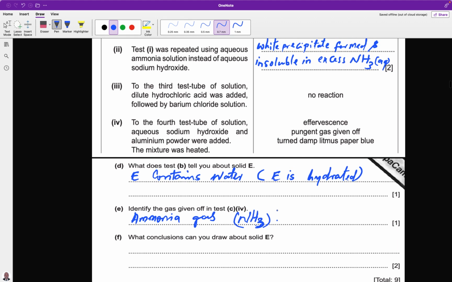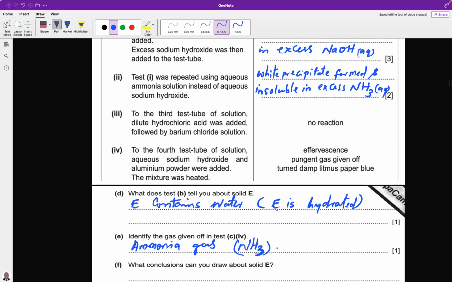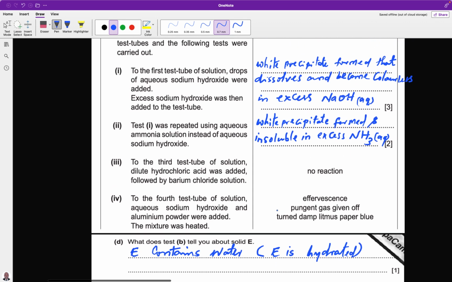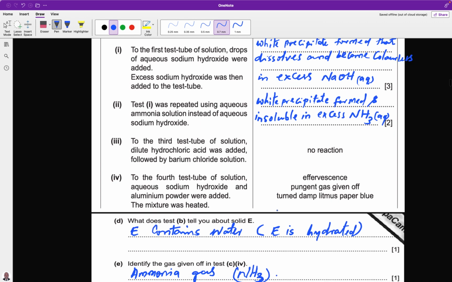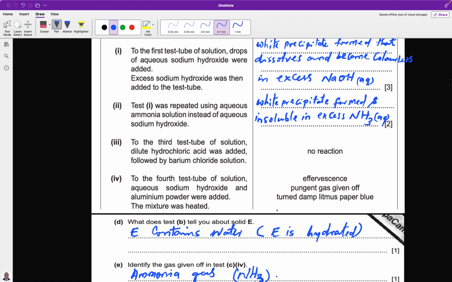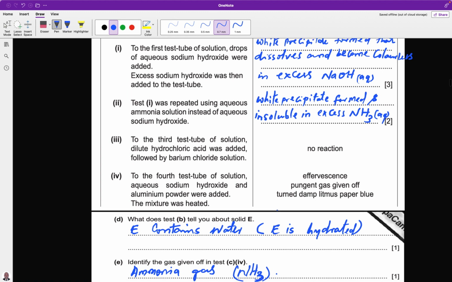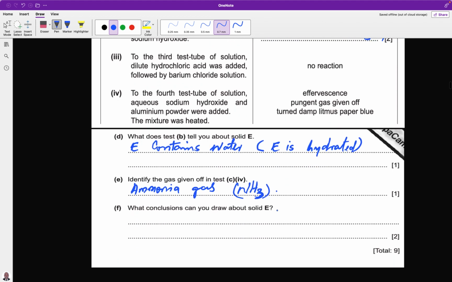The conclusion we can draw about E. Remember, we said a white precipitate forms that dissolves and becomes colorless in excess sodium hydroxide solution. Then we said white precipitate formed and insoluble in excess ammonia. Then what conclusion can you draw about solid E?